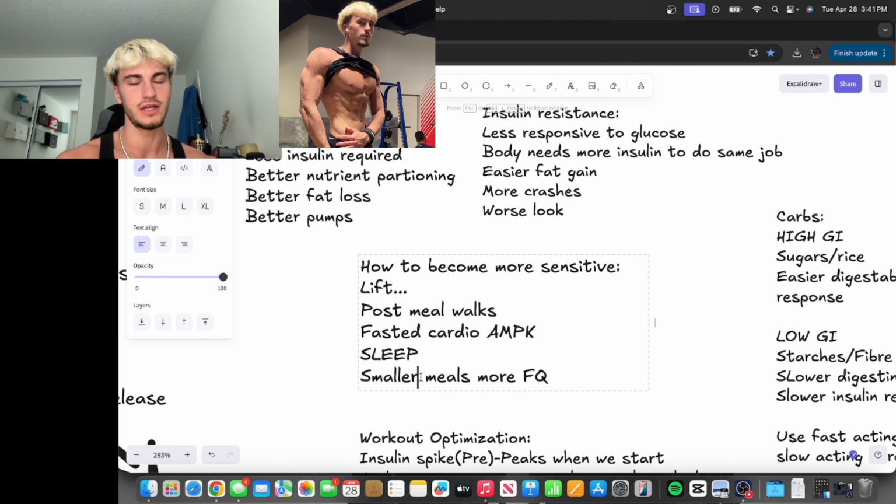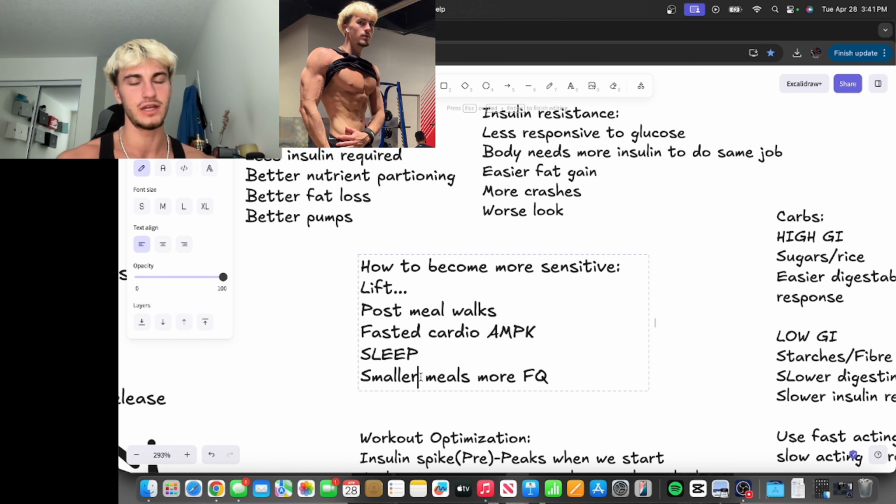right? So let's say for fasted cardio, right? If you don't know what fasted cardio is, it's when you wake up in the morning, don't eat anything, and you do cardio, right? So when you do fasted cardio, since you haven't eaten anything, AMPK kicks in because there's low energy available. So AMPK says, where can I find energy?